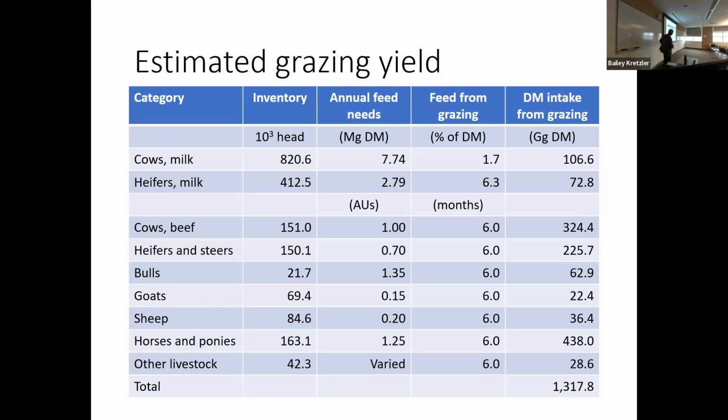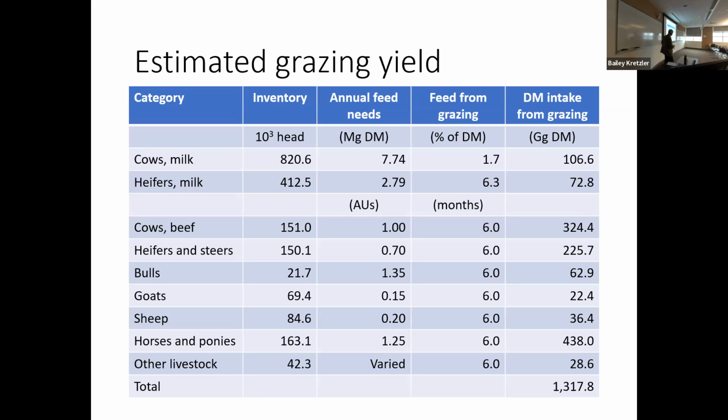So we estimated their feed needs in animal units, based on the definition of an animal unit, where a 1,000-pound cow plus her calf is 1 animal. Then we estimated how many months they are grazing, and we leveraged this data to corroborate an assumption of 6 months.